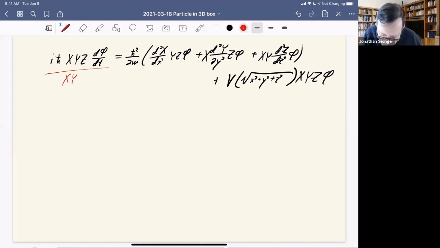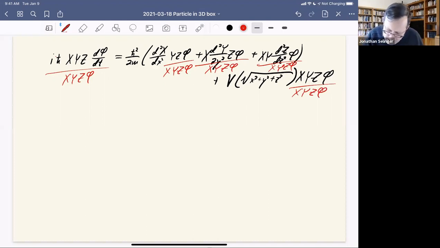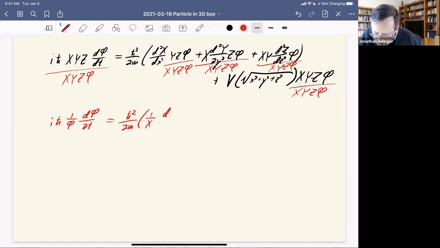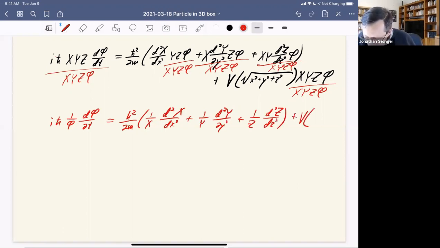So if we divide through by x, y, z, and phi, then we would get to this situation where we have 1 over x d2 plus 1 over y d2 plus 1 over big Z d2 big Z, plus, oh, we've got this V of square root of x squared plus y squared plus z squared.